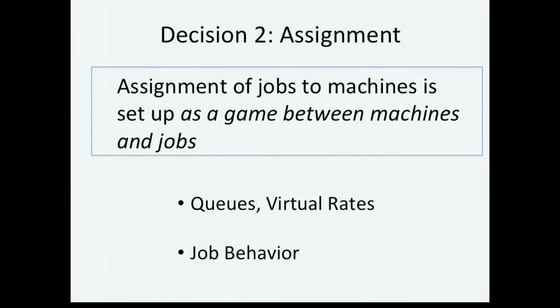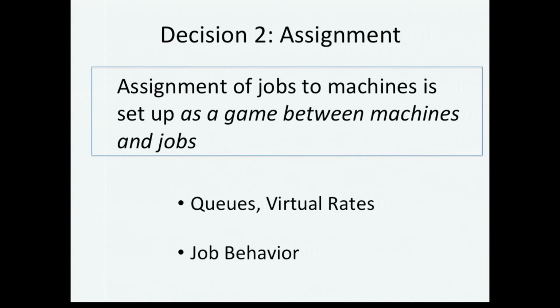For that, I need the notions of virtual queues and job behavior. I will describe them in a few slides. But I want to pause for a bit and say that this is all just for the assignment. The scheduling policy on each machine is already fixed. I'm going to do round robin, but I'm setting up this game just to find the assignment of the jobs to machines.